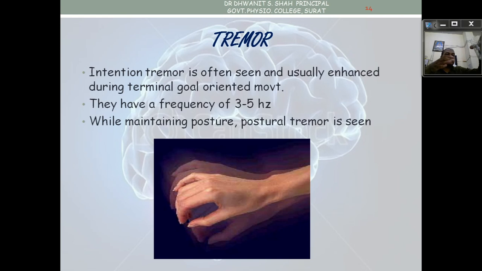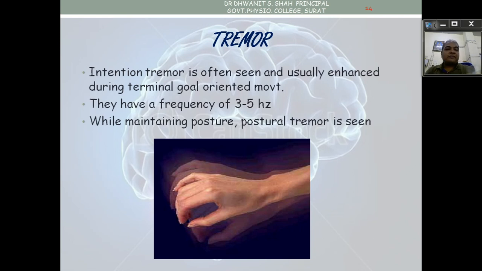When I start the movement, the tremor starts, but as I get near to the glass, the movement increases. When reaching the mouth, my end target, the movement increases further. The tremor is present but slow at first, and as we get near the target, it increases.